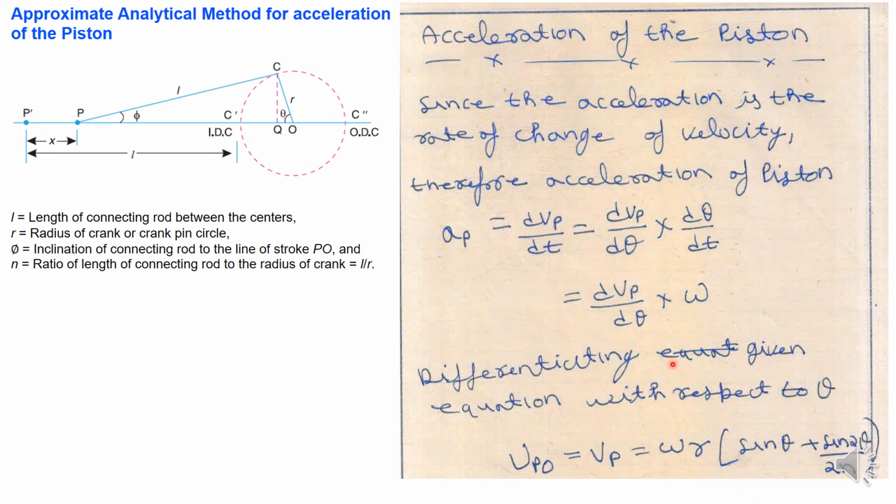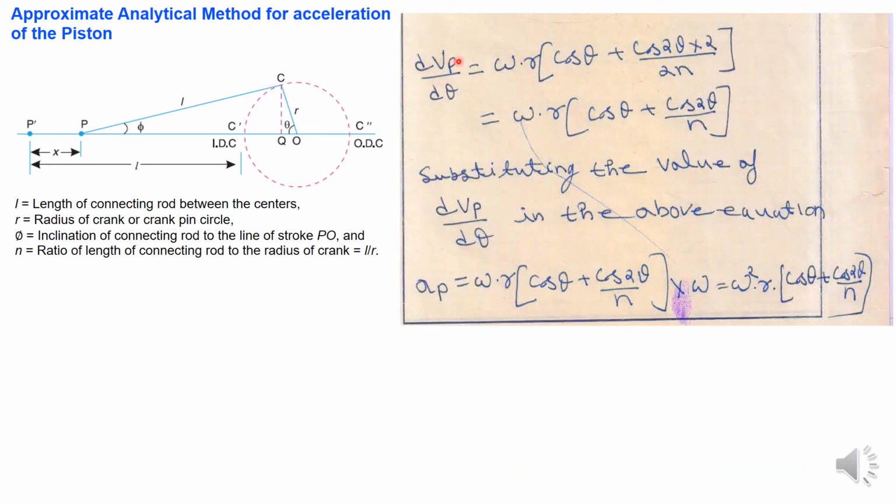Now differentiate it with respect to theta. Then dVp by d theta is equal to omega r, cos theta plus cos 2 theta multiplied by 2 by 2n. After simplifying, we get omega r, cos theta plus cos 2 theta by n.